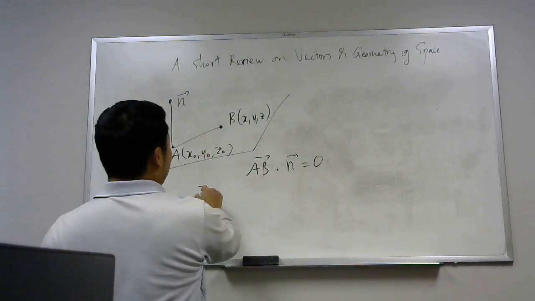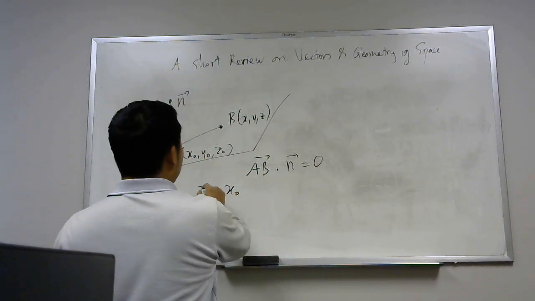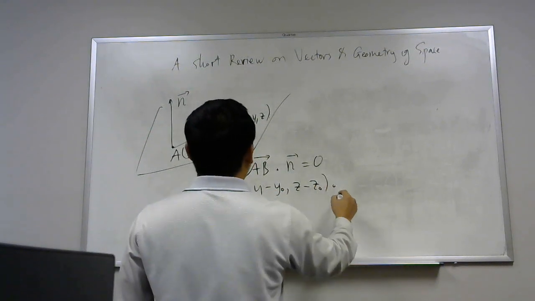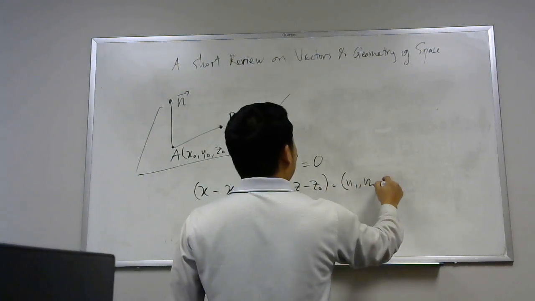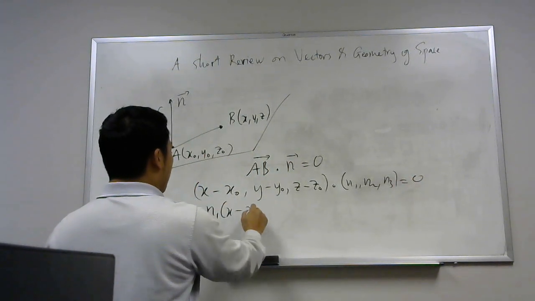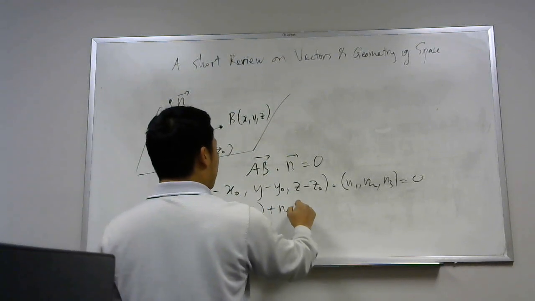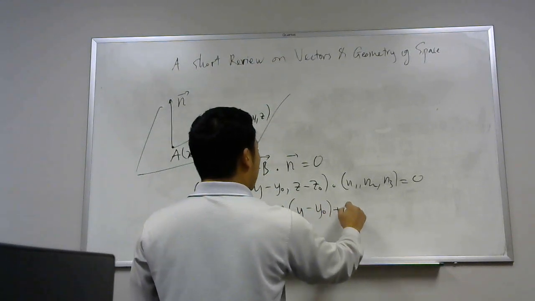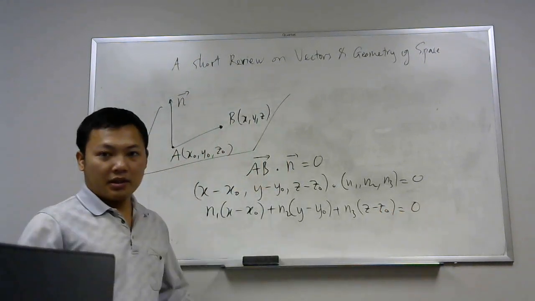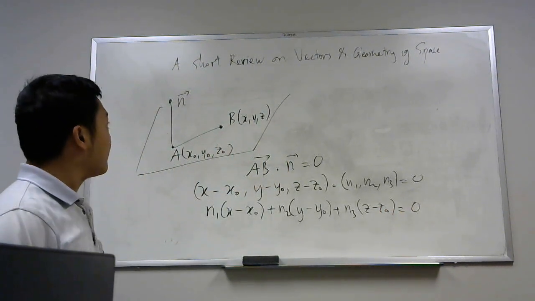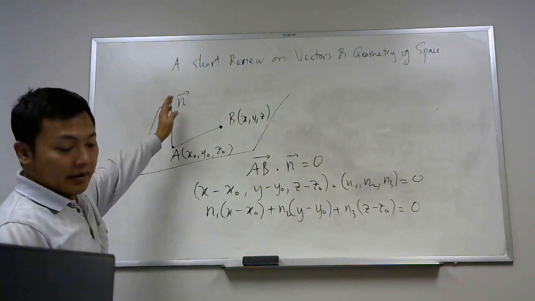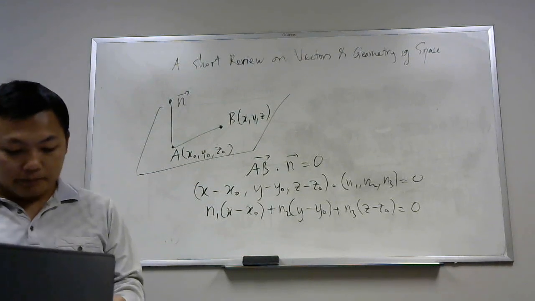So (x minus x0, y minus y0, z minus z0) dot (n1, n2, n3) equals 0, and that is nothing but n1(x minus x0) plus n2(y minus y0) plus n3(z minus z0) equal to 0. That is the general equation of the plane passing through a fixed point and having n as a normal vector.